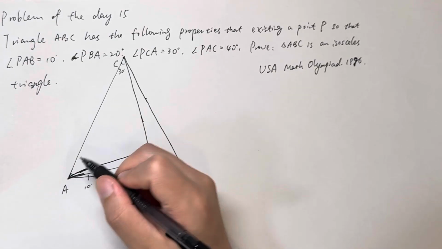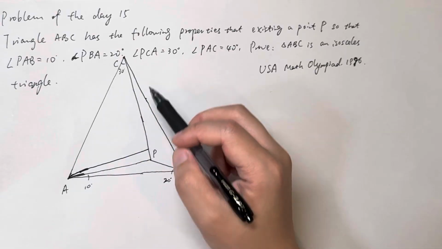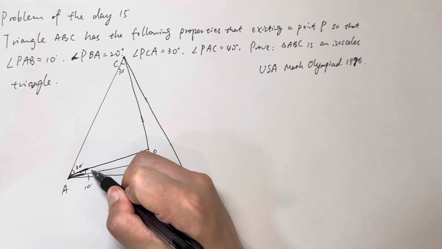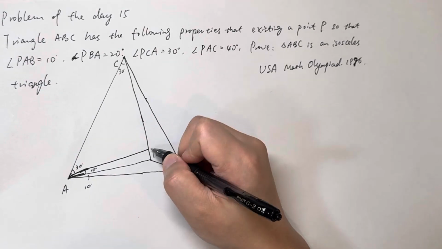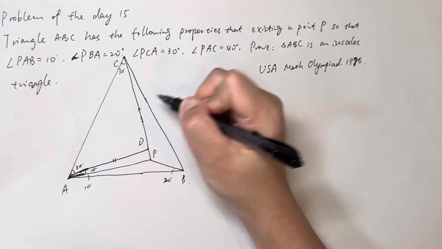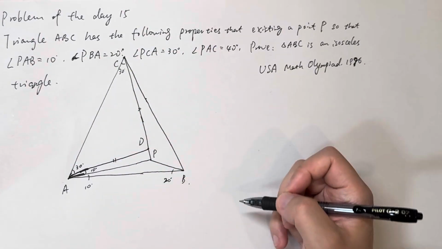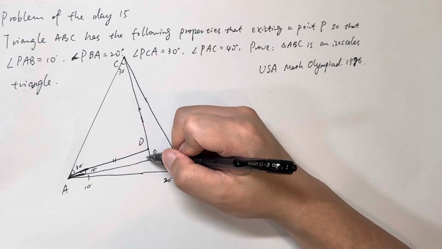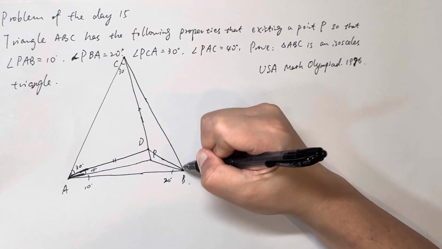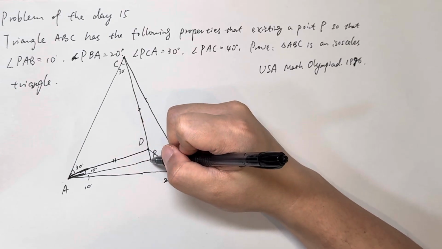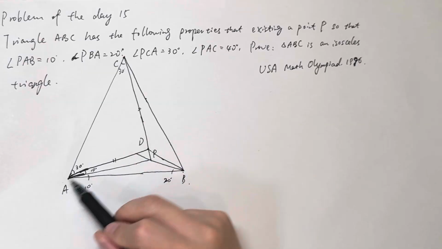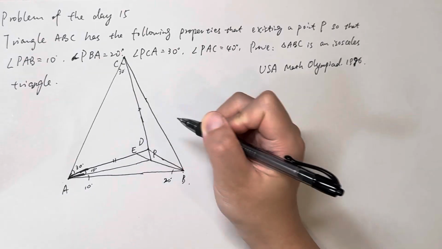Right, so I split the angle PAC to 30 degrees and to another 10 degrees. Right, let's call this point as D. Now we know this edge equals to this edge, right? DC equals to DA. And if we connect DB and also extend BP, right, intersect AD on point E.